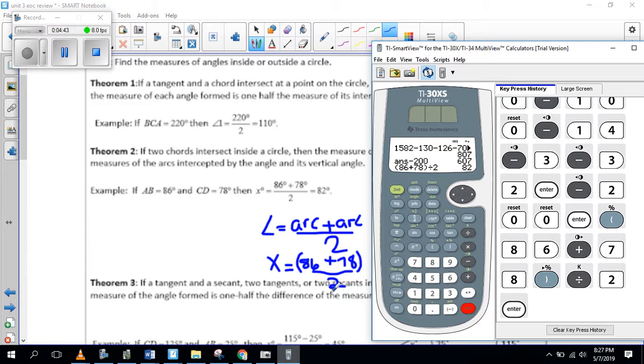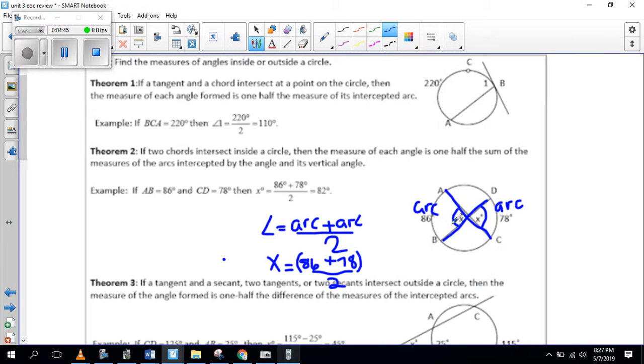And we get 82. So that's what this angle is. And because these are vertical angles, I know this has to be 82 too. So basically, when you see that little plus in the middle, two chords in the middle, that's telling us angle equals arc plus arc divided by 2. This one here is angle equals arc divided by 2.